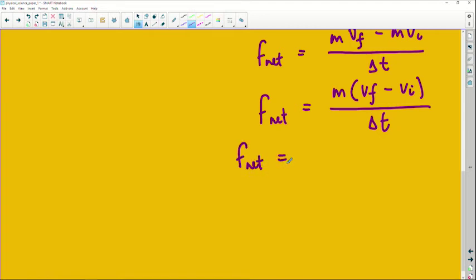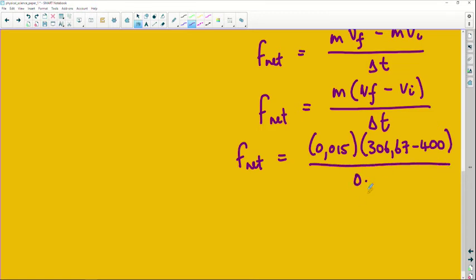So we've got F net is equal to the mass of the bullet, 0.015, multiplied by the difference between the final velocity and the initial velocity, which is 306.67 minus 400, and everything divided by 0.002.